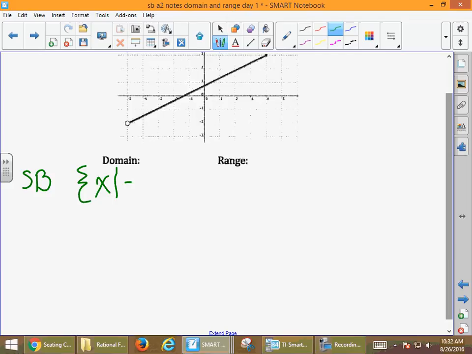So it's going to be x is in between -5 and 4. But if we look at the value that corresponds with -5, notice that that's an open circle. And because it's an open circle, we're not going to have an equals there. It is a filled-in circle here.